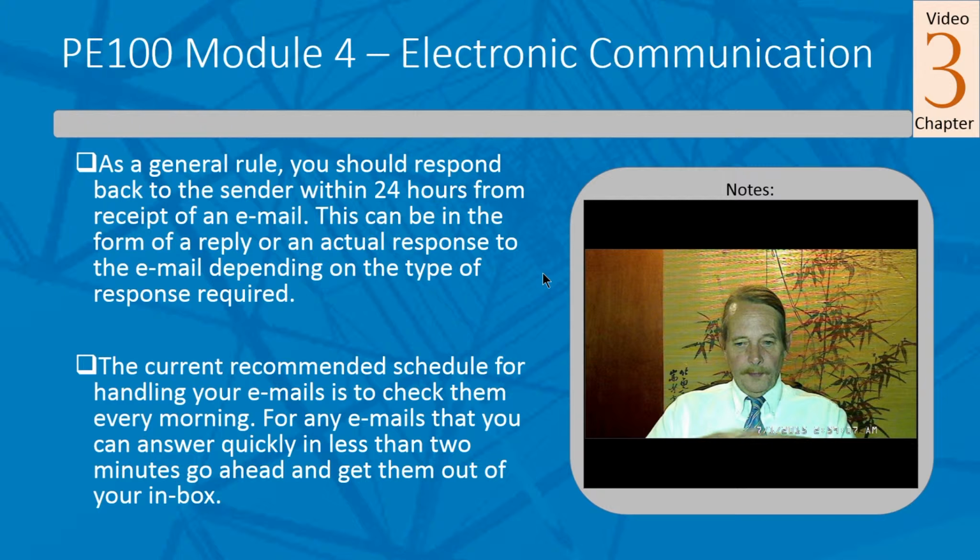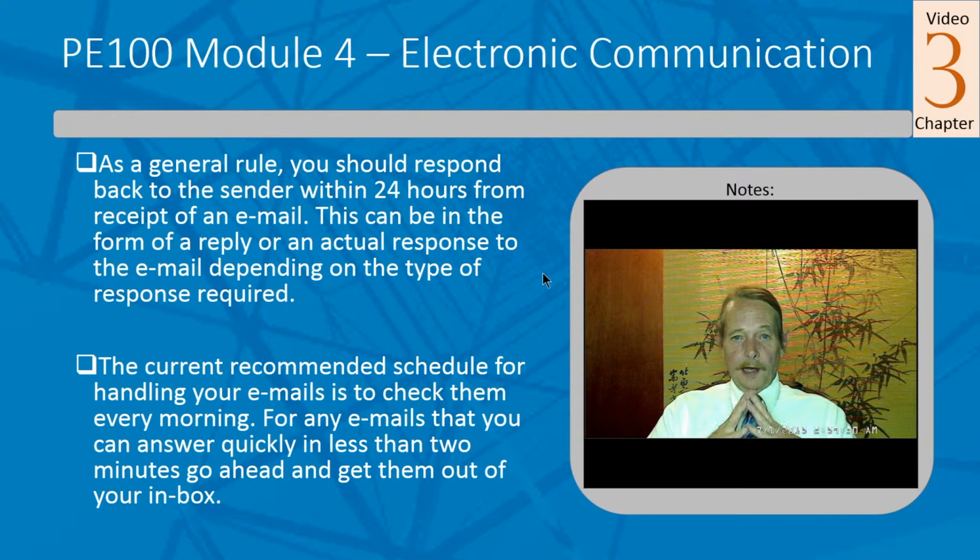It could be something very simple such as, we have received your email and are currently working on it. Due to the complexity of the issue, it's going to take us a certain amount of time to do this, so we will respond back to you within 3 business days or 5 business days, whatever you think that is.